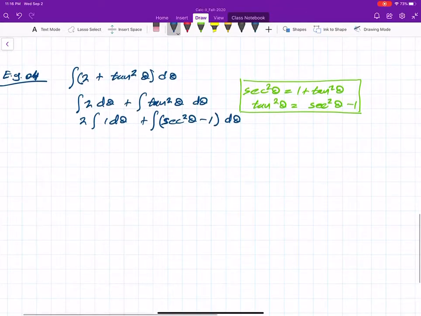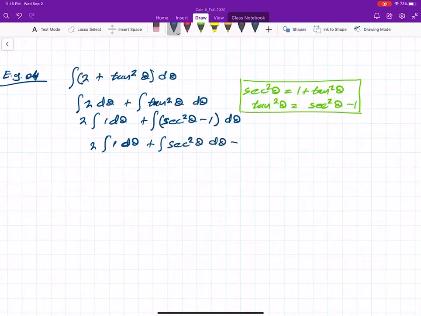All right, so then you write 2 times the integration of 1 d theta, and then plus, here there are two functions, so you are going to split that: the integration of secant square theta d theta minus the integration of 1 d theta.